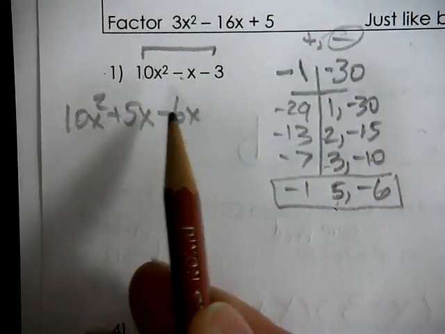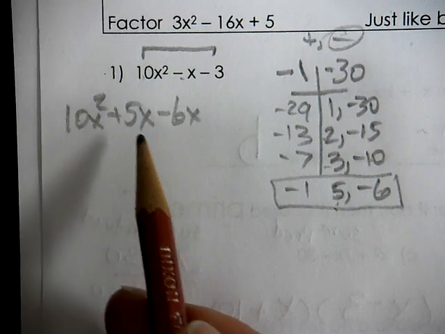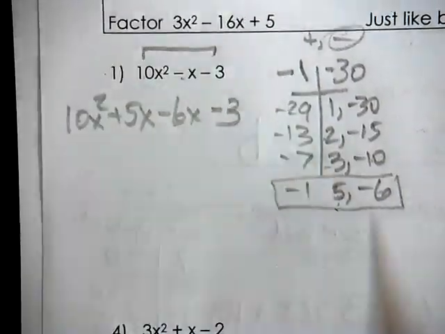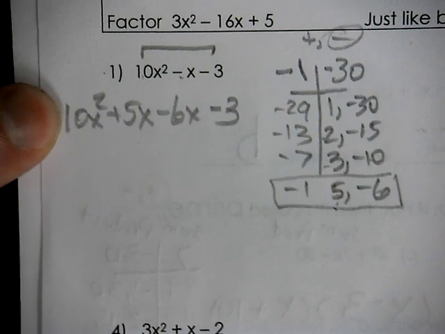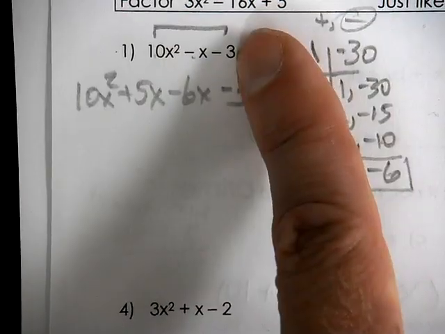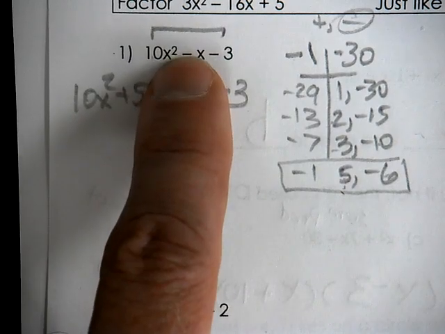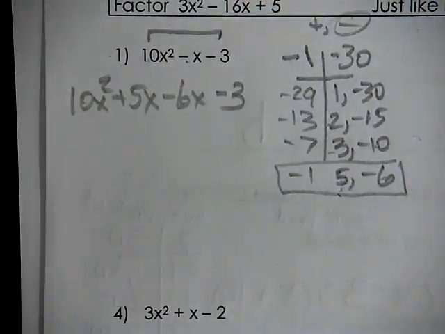The order of those two does not matter. You'll get the same answer. Your work will be a teeny bit different, but the same answer. And then negative 3. So look what I did. I put the 10 with the x squared. I put the negative 3 into the problem. And I just made my 1x look like my 5x minus 6x.